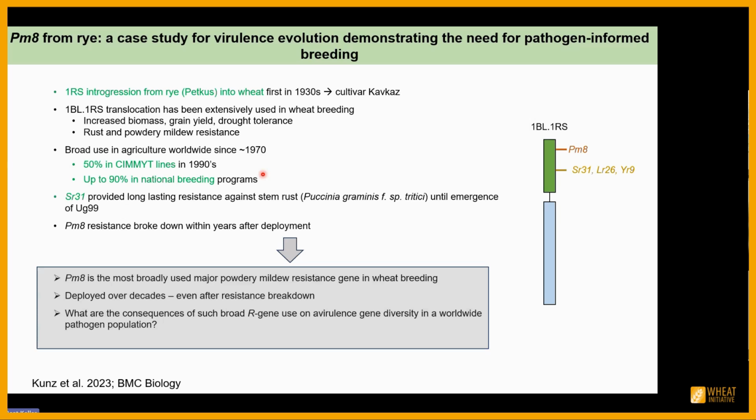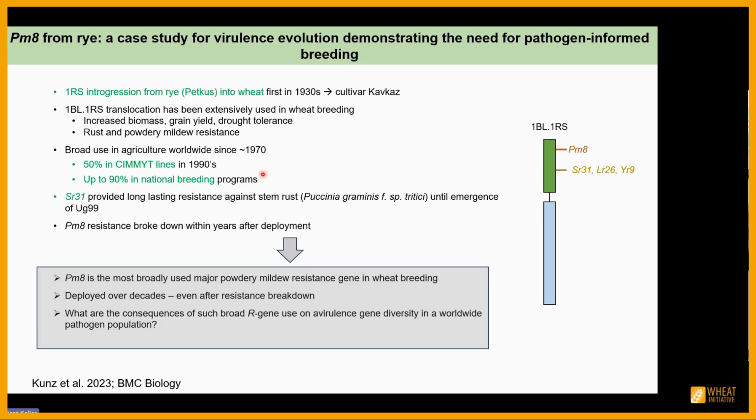We first looked at PM8 from rye, and you know that PM8 is on this large 1RS translocation from Petkus rye. This was then used a lot in wheat breeding because it has all these positive effects on yield and also stem rust resistance.